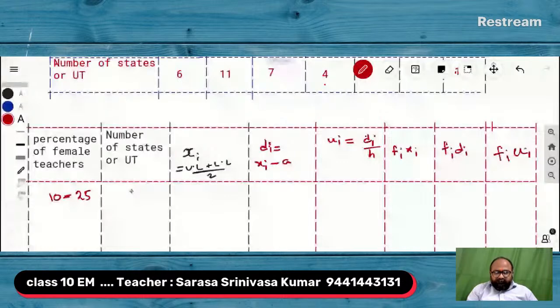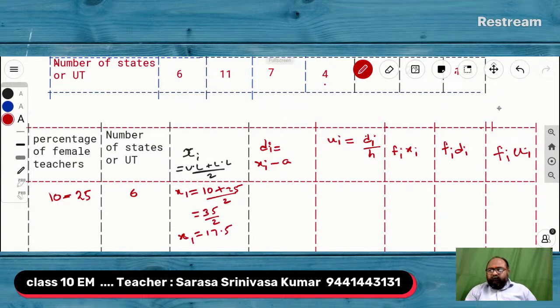Now we find x1. x1 equal to 15 plus 25 by 2. This is equal to 40 by 2 equal to 20. So x1 equal to 20.